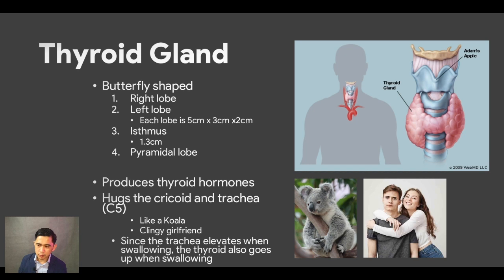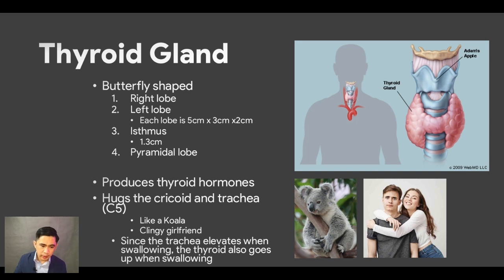Now, why is this important? It's because it is hugging the trachea. Now, the trachea usually elevates when we swallow. You can see I'm a little thin. Okay, it goes up when you swallow. Now, since the thyroid gland is hugging the trachea, it also moves up, elevates when we swallow.